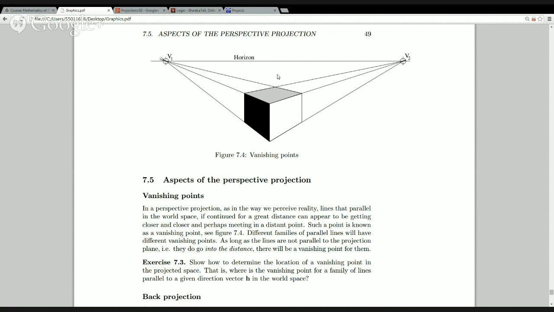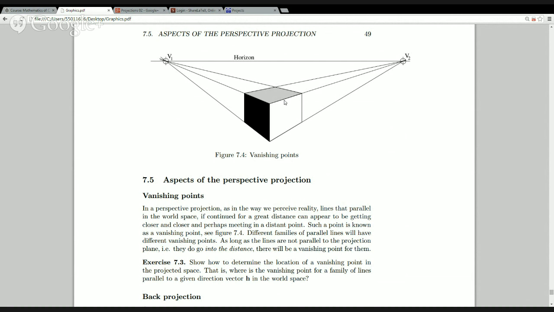And just to be clear, in this environment, any other line which is in reality parallel to this edge that the mouse cursor is at now will go to the vanishing point V2 as well in the projection. So if there's some other line way over here on the other side, away from the building, but in the world space it is parallel to that edge, it will be disappearing to the vanishing point V2 as well.